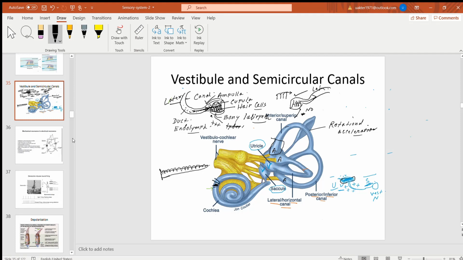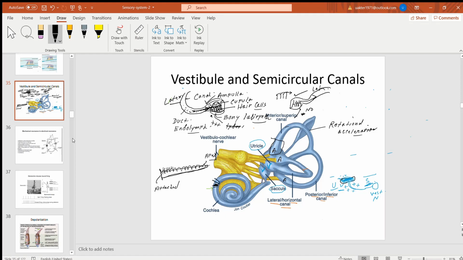So this is the basement membrane, and the basement membrane has an attached side or fixed end and a free end, which is the apex. Okay, is free.